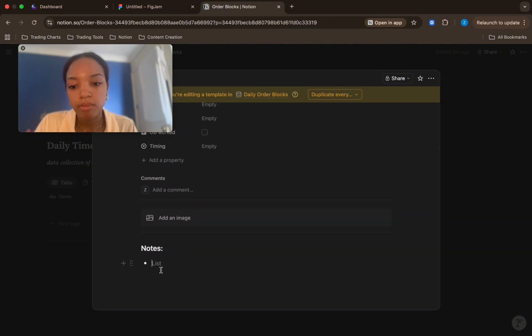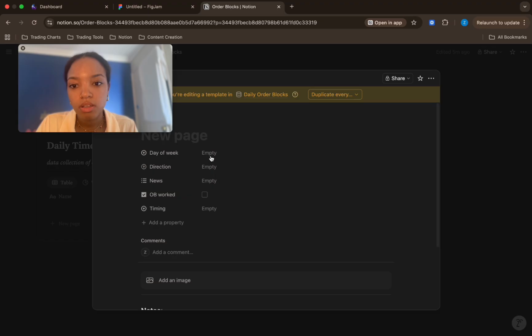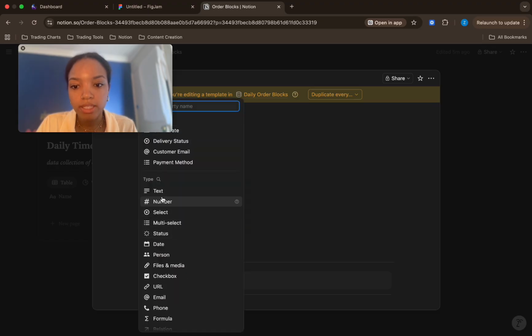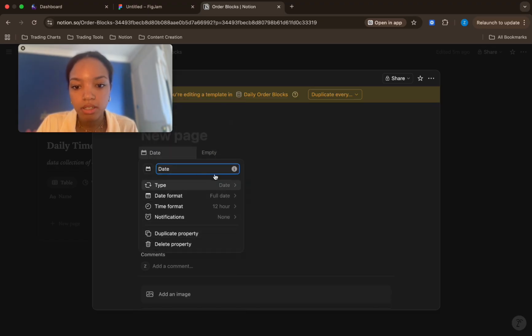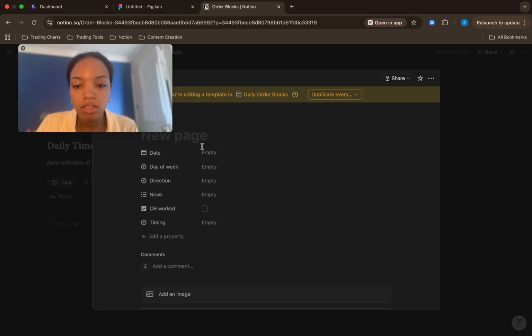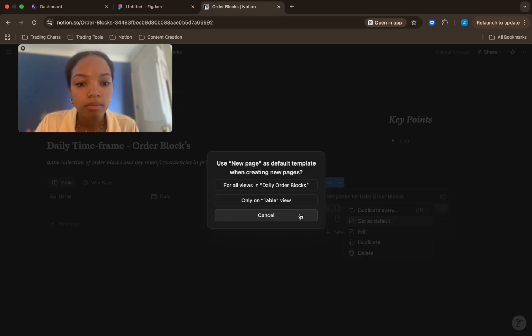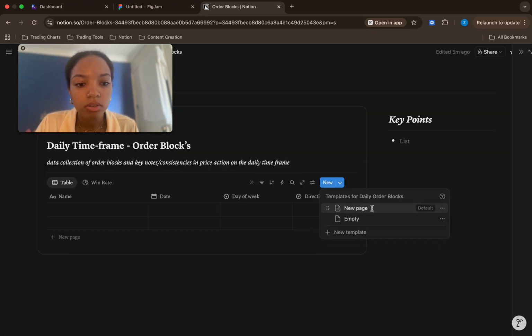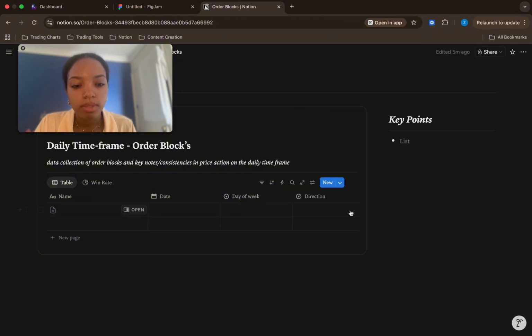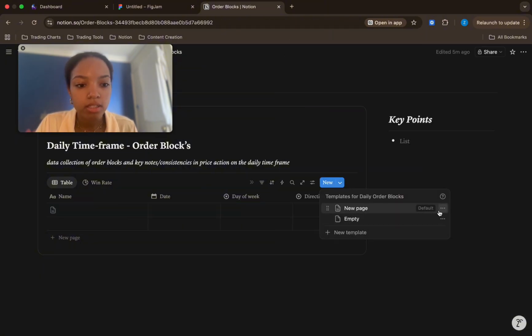All we need is an image and the notes, and then we also need the date. And then I don't know what to title this. I guess it can be different every single time. Set as default for this one. I guess we can have it be like trades.